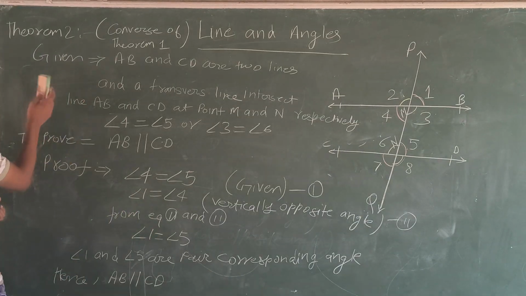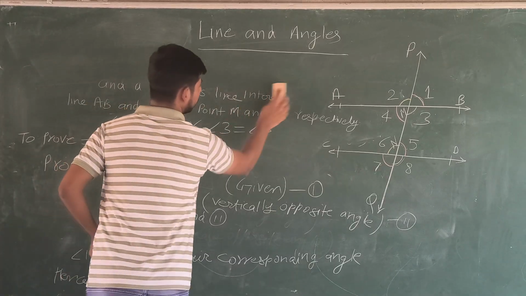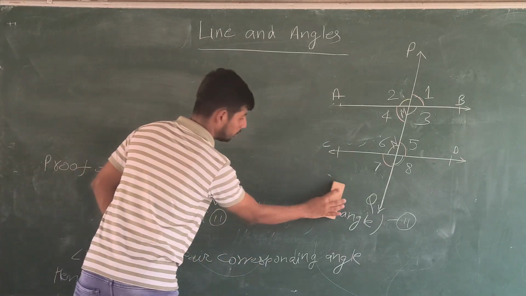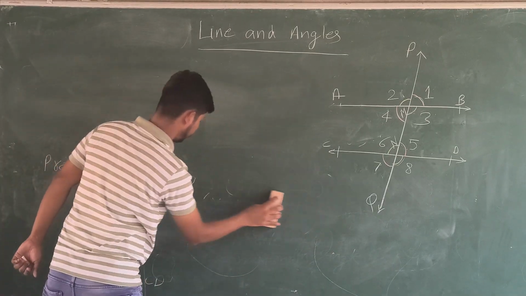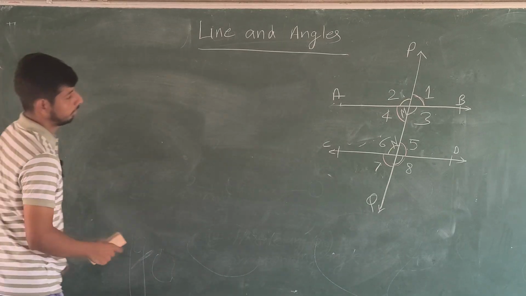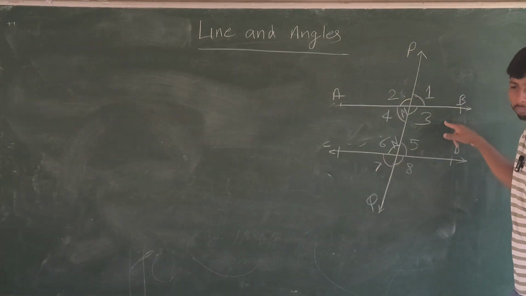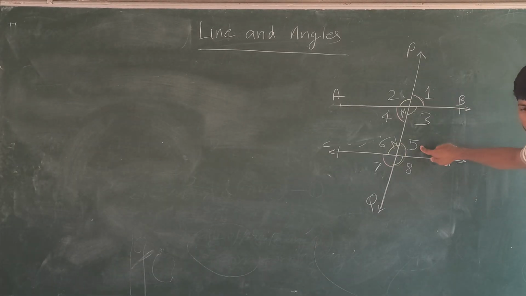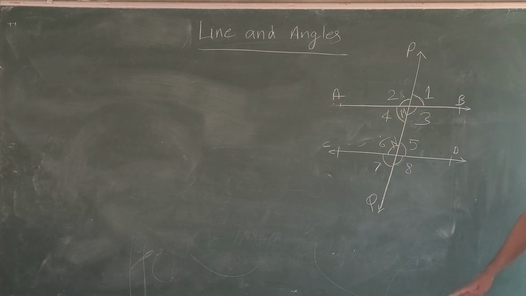Now can I raise it? Now we are going to prove that the sum of consecutive interior angles is 180 degrees, means angle 3 plus angle 5 should be equal to 180 degrees, or angle 4 plus angle 6 is equal to 180.